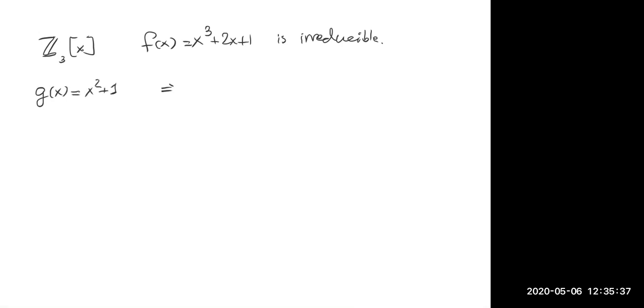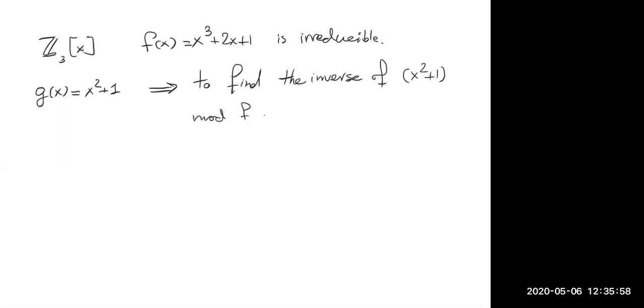I want to find the inverse of this x squared plus 1 mod f, which means I want to find another polynomial like h of x such that if I multiply g of x by that, the answer is 1 mod f.